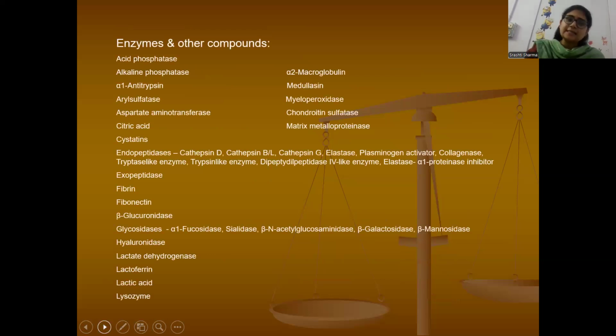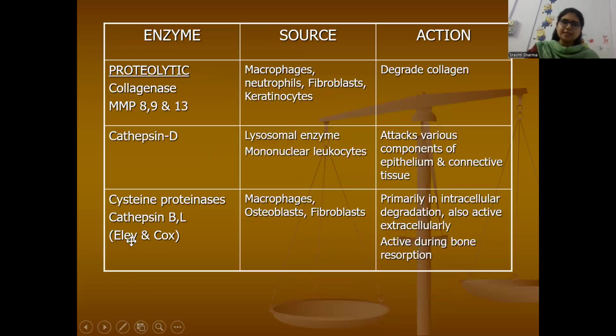Now we will see enzymes and the other compounds. Enzymes: proteolytic, collagenase, MMP 8, 9, and 13. We see the source and the action. Sources are macrophages, neutrophils, fibroblasts, and keratinocytes, and the action is to degrade collagen.